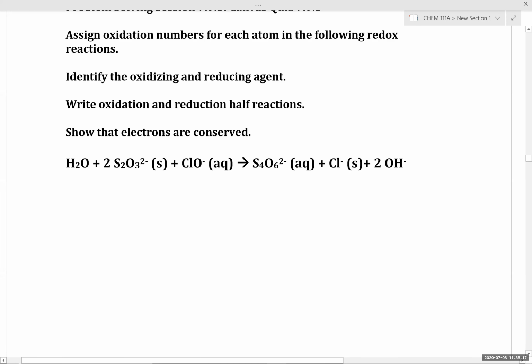If you have any questions at all working through these problems, don't be shy to ask. I'd like to see a few proposed half reactions in the chat, just so we can discuss.